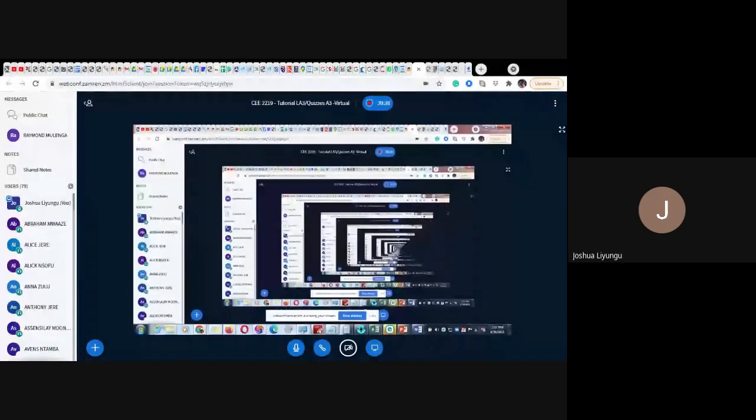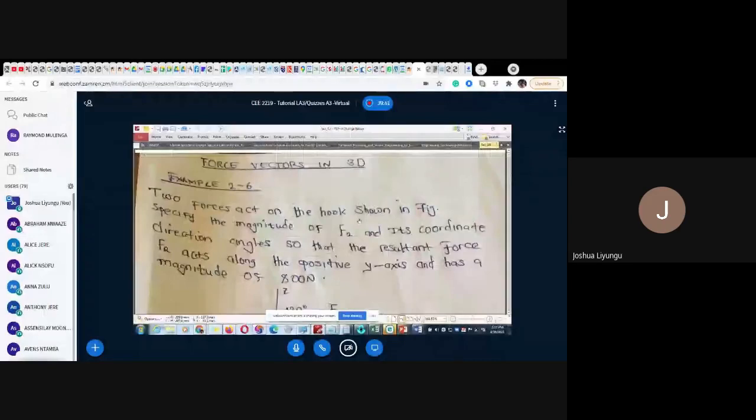Can you confirm that you can see the PDF document, force vectors in 3D? Yes, sir. Which platform are you using? Google Meet.